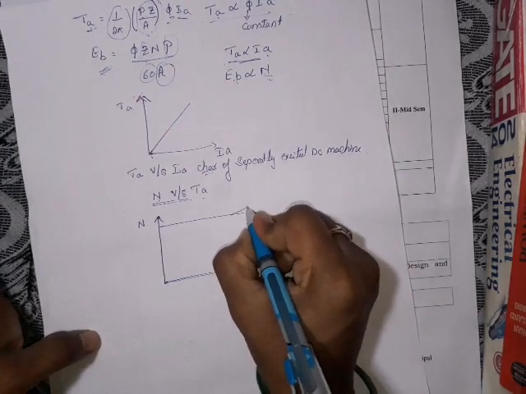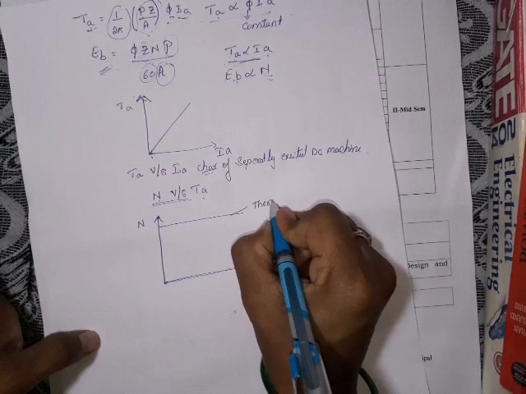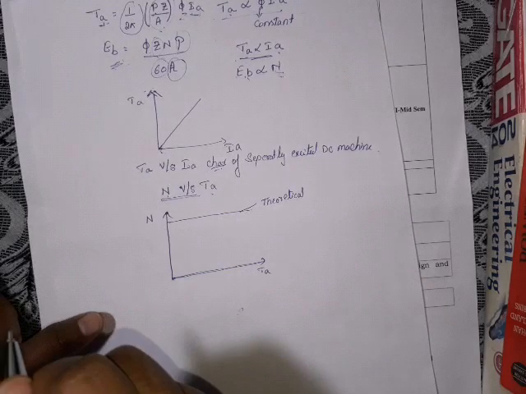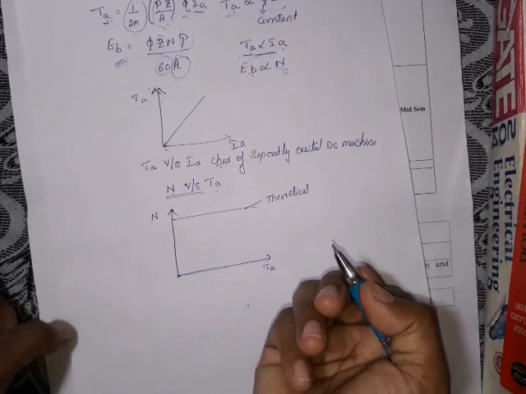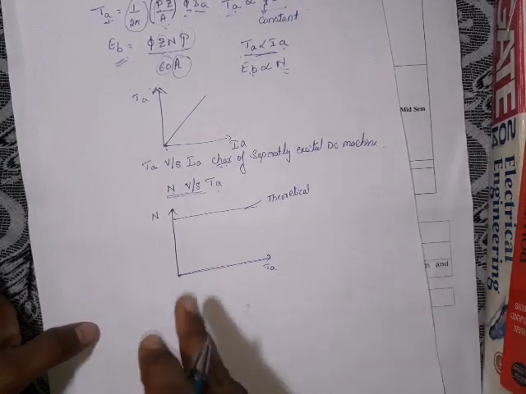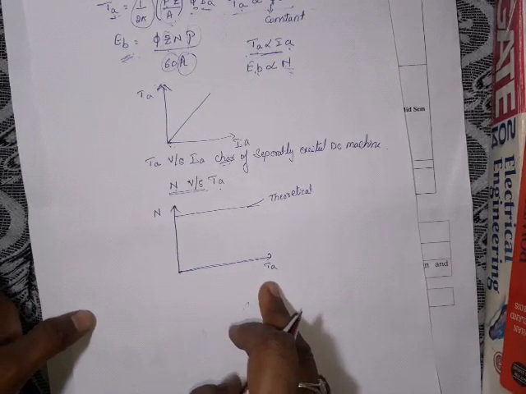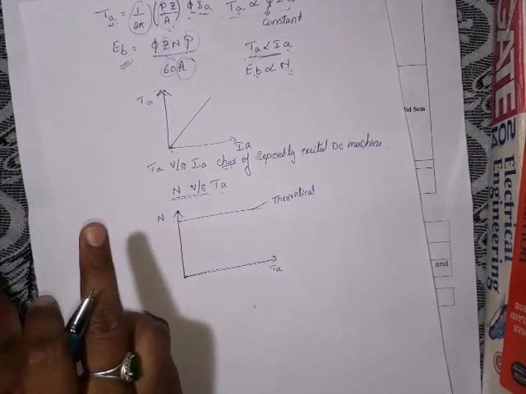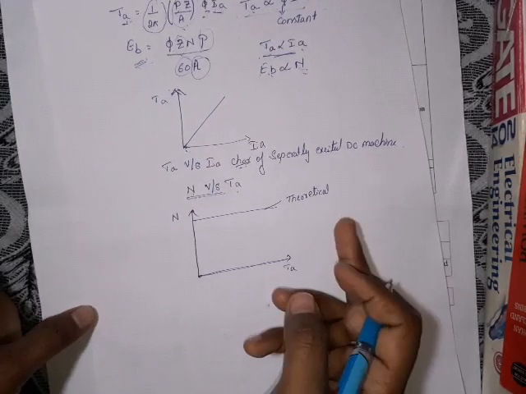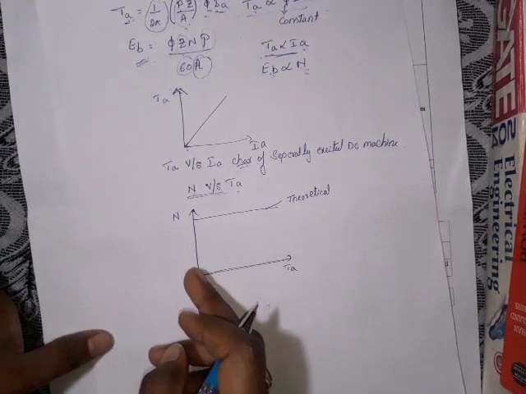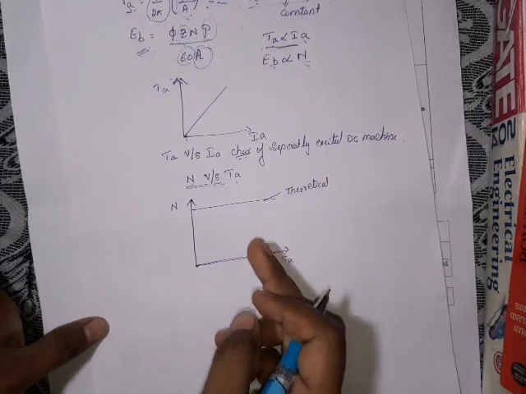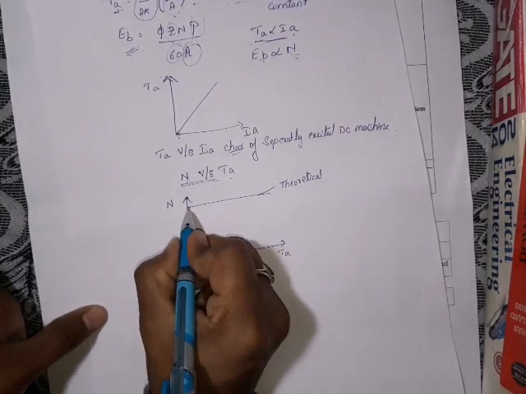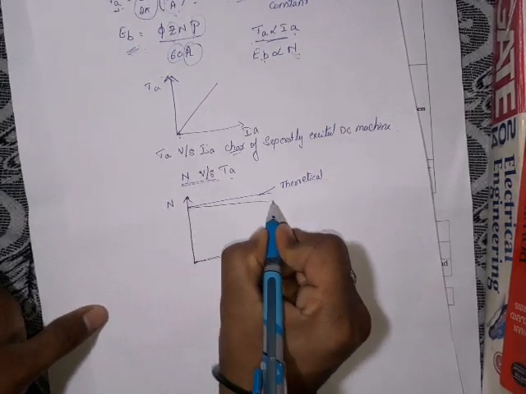And this happens only theoretically. Practically, when you switch on the motor and the torque on the motor increases, the speed does not remain perfectly constant. For example, if it is running at 1000 rpm, even if you increase the armature torque, the speed slightly decreases, not rapidly.